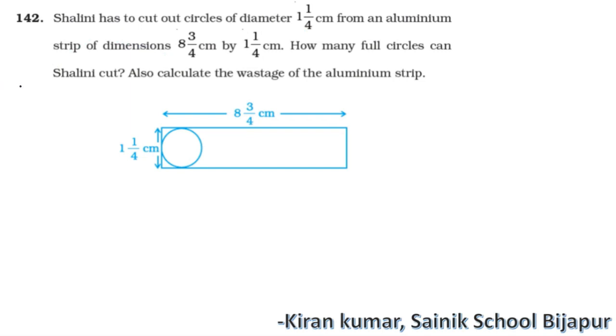As per the given question, the breadth of the circle is same as the diameter of one circle, and they have given the length of the aluminium strip. Therefore, we can find out the number of circles cut from aluminium strip.